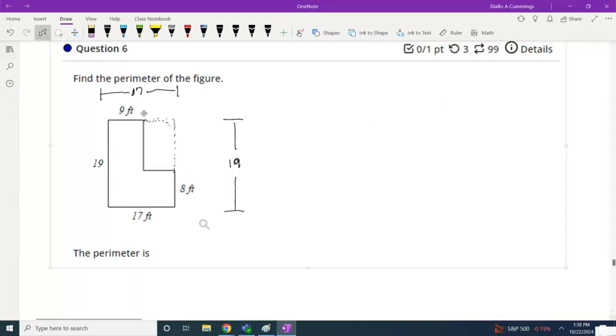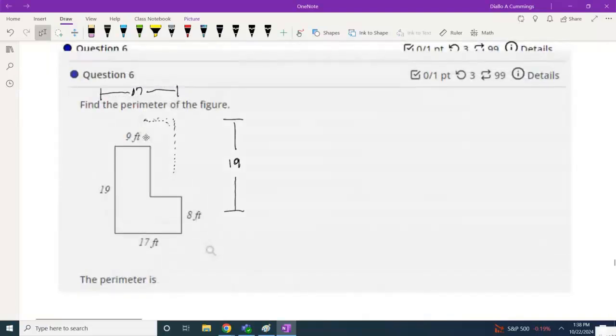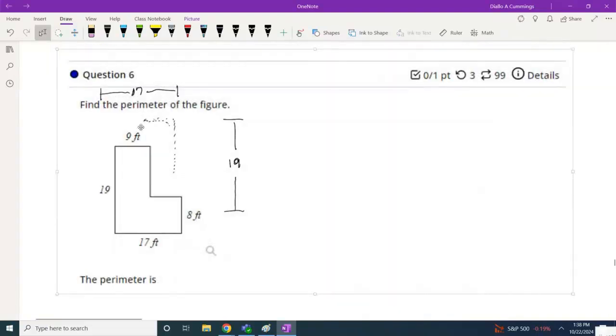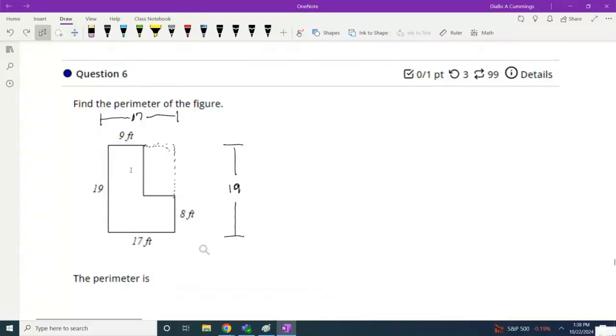From this point, I'm going to break the figure up into different pieces. However you break the figure up is totally up to you, but you should get the same answer.